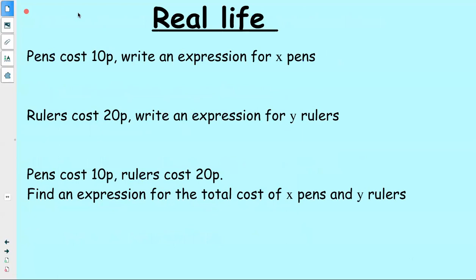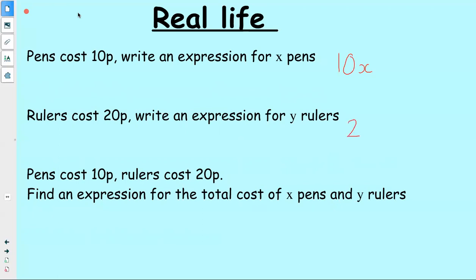Just some real life questions. So pens cost 10p. Write an expression for x pens. So you're going to multiply that x and that 10p together. I would miss out the p because it could make things a little bit more complicated, because that would look like a variable. So I would just write it like 10x. Okay. Next one, rulers cost 20p. Write an expression for y rulers.